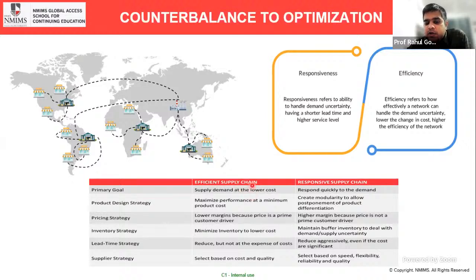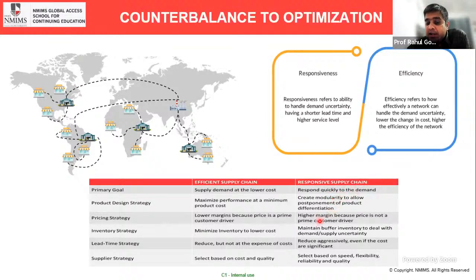When you are designing an efficient network or an efficient supply chain, you want to maximize performance at a minimum product cost, right? But when you're talking about a responsive supply chain, you want to create modularity to prepone or postpone a particular request from a particular customer, right? So when you talk about an efficient supply chain, most of the time they'll talk about price, cost, cost, right? When you talk about a responsive supply chain, they'll talk about flexibility, modularity, right?